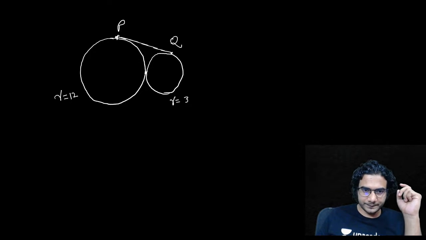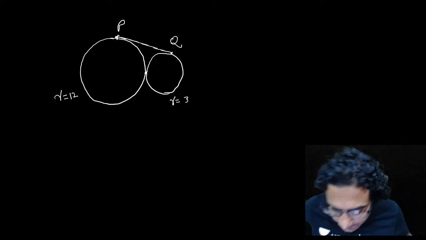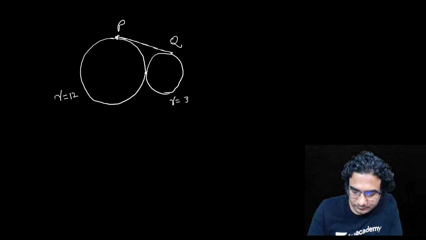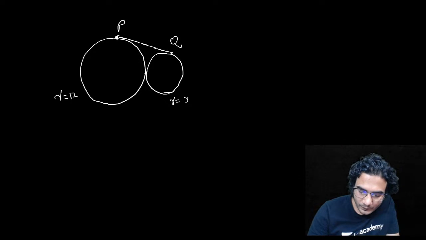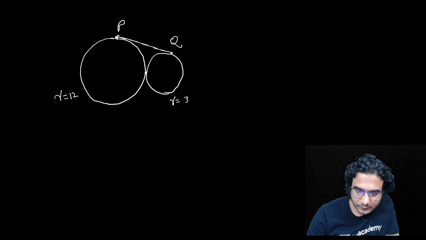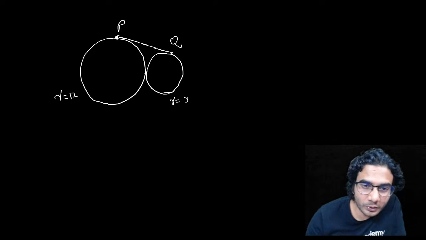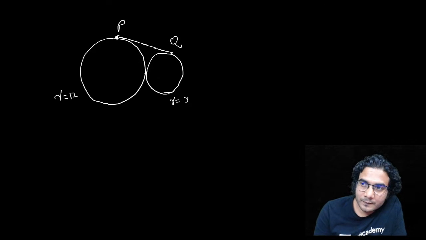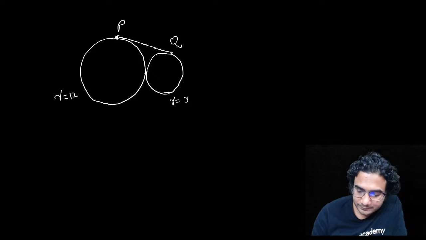Circles touch each other, okay? क्यों ये इज दिस नॉट क्लियर? बोर्ड वाला ज़्यादा अच्छा लगता है? इसमें क्लियरिटी नहीं आती क्यों?